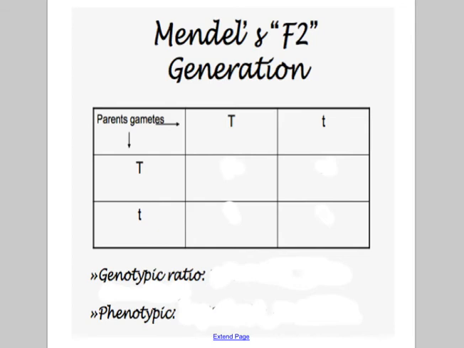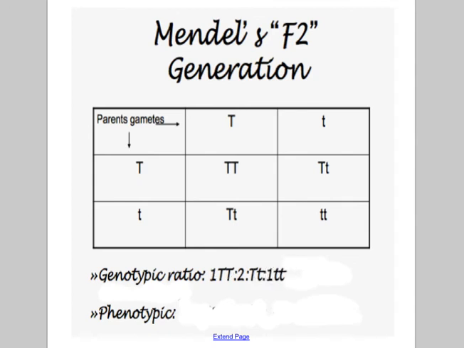We bring them down and cross. So we get big T, big T. We have big T, little t, big T, little t, and little t, little t. So if I were to do a genotypic ratio, how many big T, big T's am I going to have? I'm going to have 1, right. And how many big T, little t's am I going to have? I have 2, and 1 little t, little t.